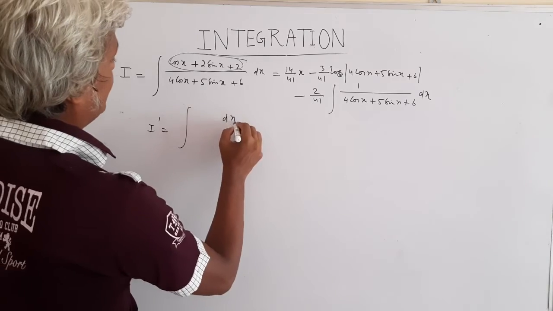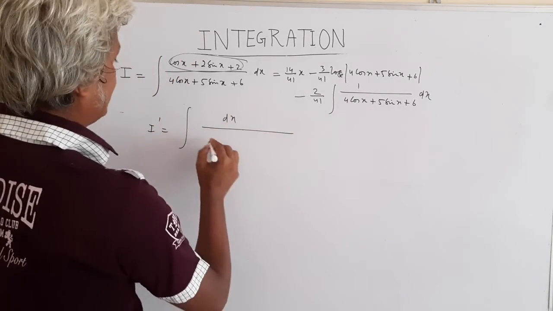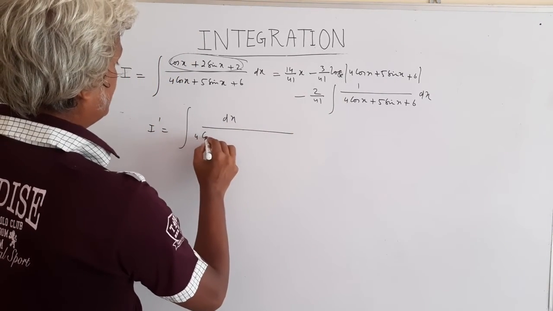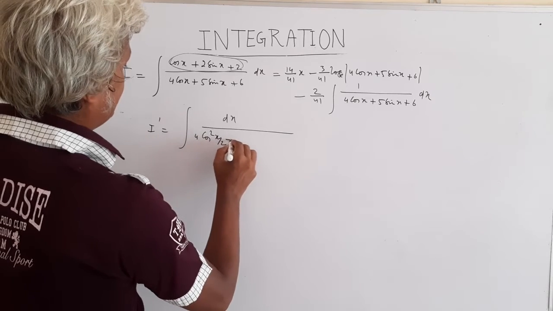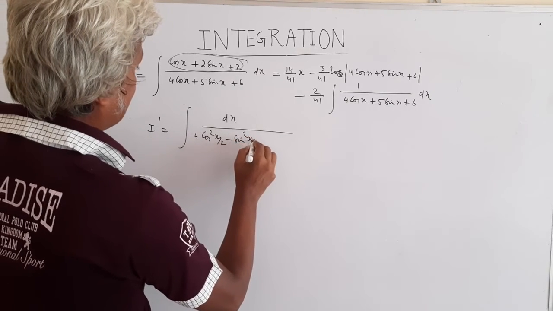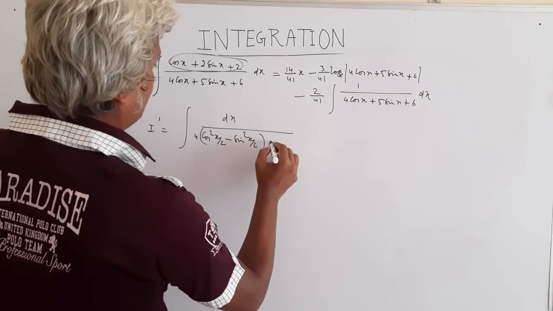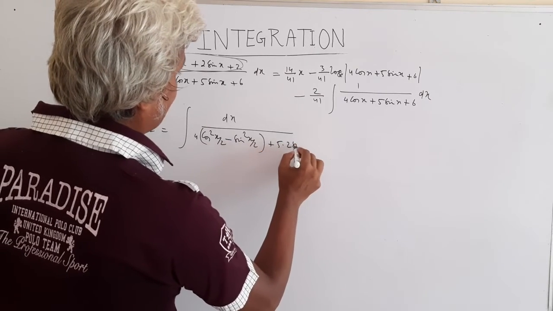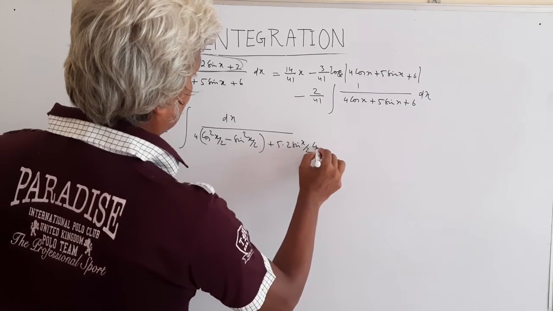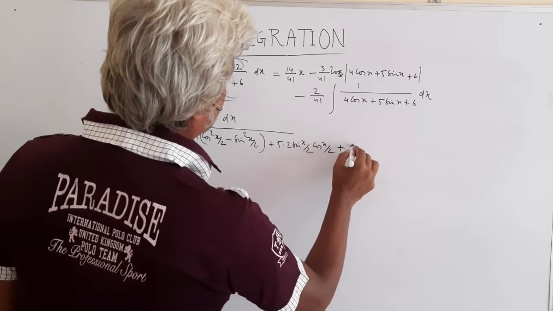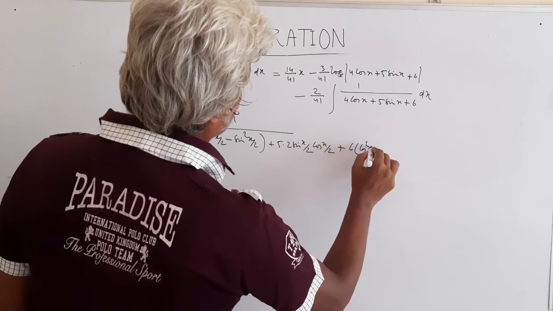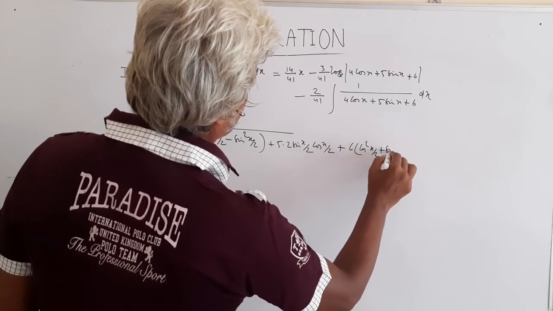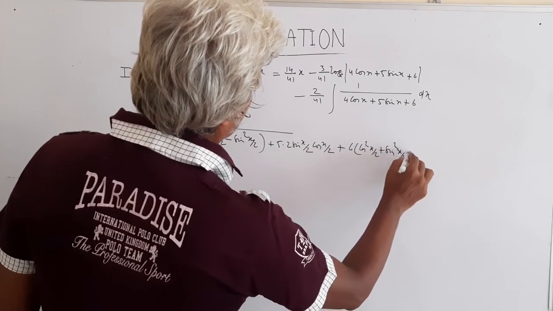So dx over, in place of 4 sin x you write 4 cos square x by 2 minus sin square x by 2, plus 5 times 2 sin x by 2 cos x by 2, plus 6 times cos square x by 2 plus sin square x by 2.